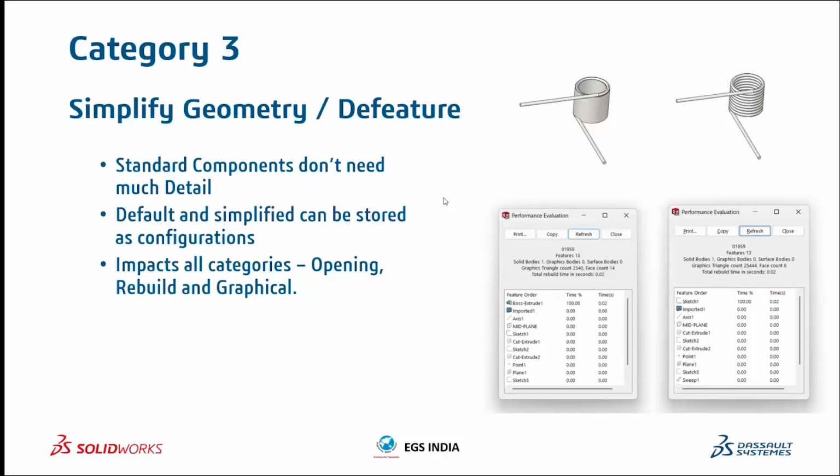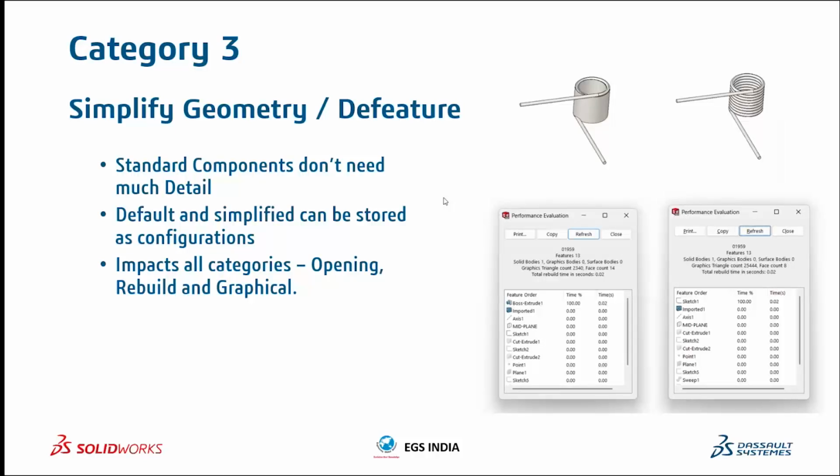In some cases where we're working with standard components, we might need the exact thread or the feature available so that you can check interferences, etc. For that, we recommend converting it into a separate configuration. So rather than changing the entire geometry itself, you can create a configuration where it is simplified.